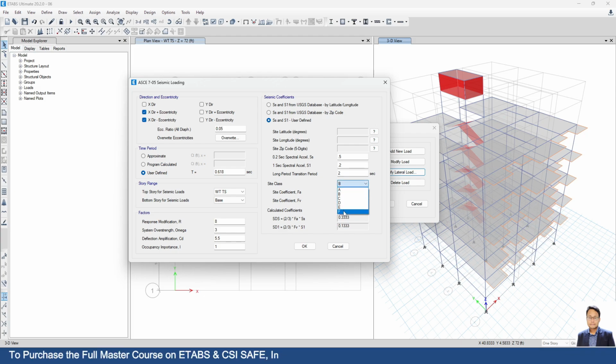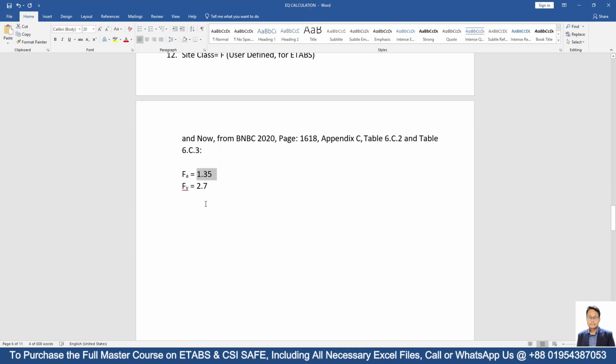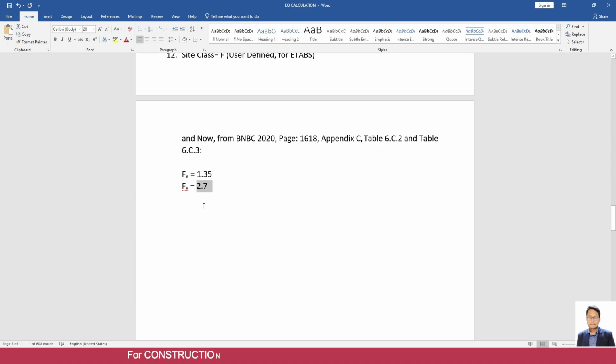Site class we will take F. If we take A, we can modify this value of FA and FB. If we take B, we can't change again, but if we take F here, we can change these values here. So we will input FA value, which is 1.35, and the value for FB, which is 2.7.